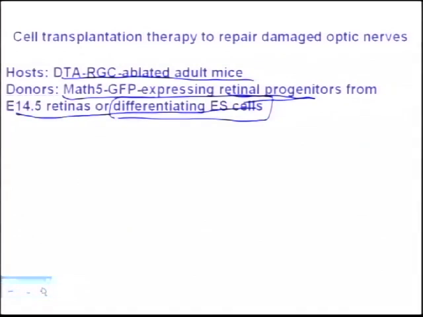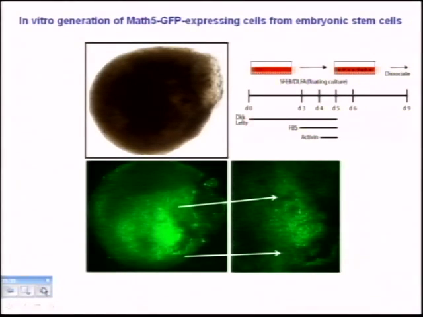We have now been doing experiments in collaboration with some Japanese workers, Takahashi and her colleagues at the CDB, the Riken Institute in Kobe. And we've been trying to differentiate embryonic stem cells into MATH5 expressing cells. And here's our initial experiments along those lines.